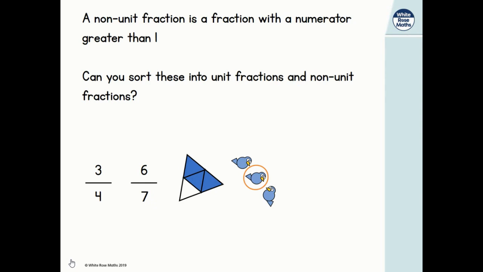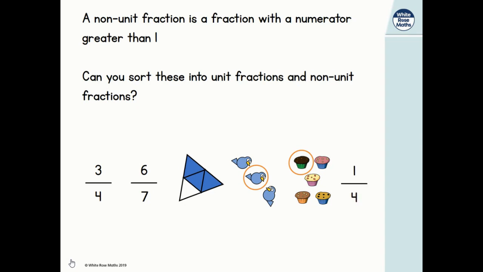Here we have 3 birds. One of the birds has been circled, 1/3. Is that a unit fraction? Yes, because the numerator is 1. 5 muffins. One of the muffins has been circled. 1/5 of the muffins has been circled. So yes, that is a unit fraction.